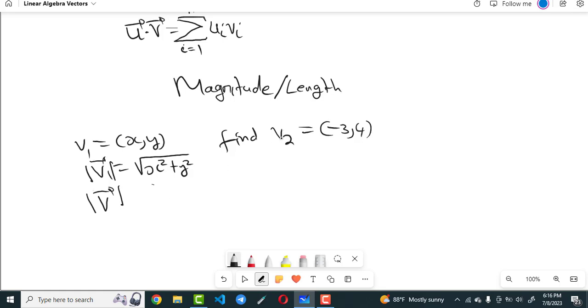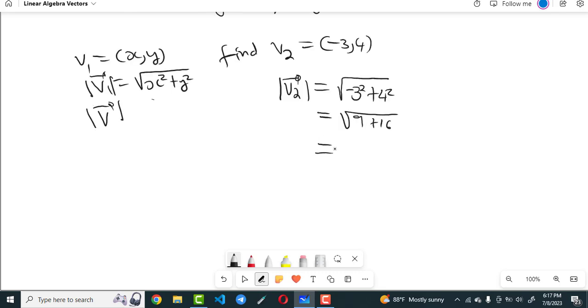Let us find the magnitude of v2. So v2 like this, and this represents the magnitude, is equal to the square root of -3 square plus 4 square, which is equal to root of 9 plus 16.